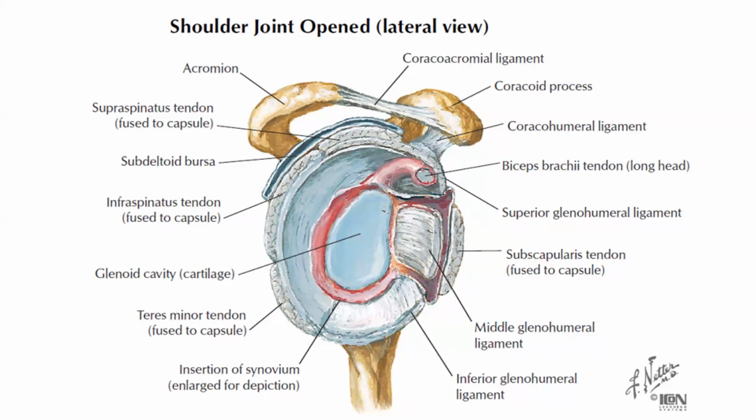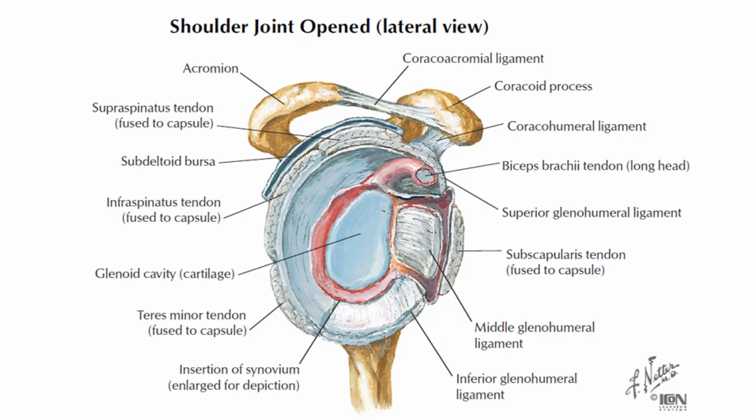If it's alone, it won't hold well. So we need the glenoid labrum that deepens it, and we need a negative pressure that will hold it in place. These are surrounded by ligaments. You have the superior, the middle, and the inferior glenohumeral ligaments. These help in stabilizing the capsule, plus the muscles that surround it.